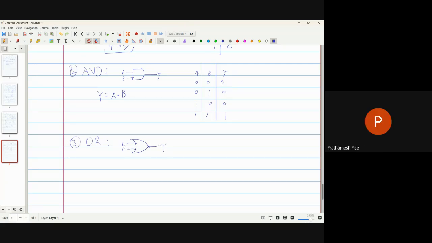But what would be a better definition, the way I did it for the AND gate? If any input of this gate is high, the output will be high. It does not care how many zeros there are.